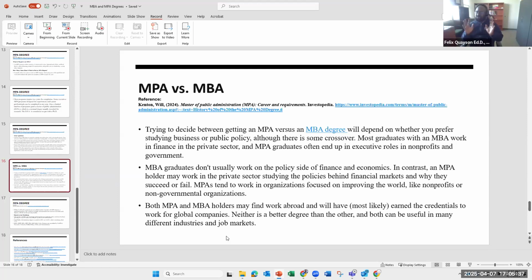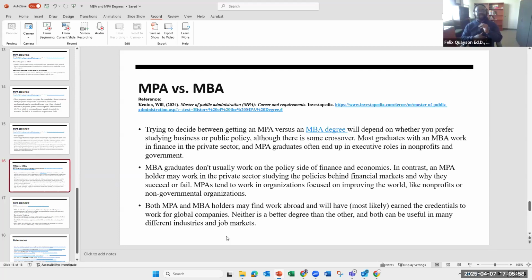Although there is some crossover, most graduates with an MBA work in finance in the private sector, and MPA graduates often end up in executive roles in nonprofits and government. So an MBA graduate doesn't usually work on the policy side of finance and economics.